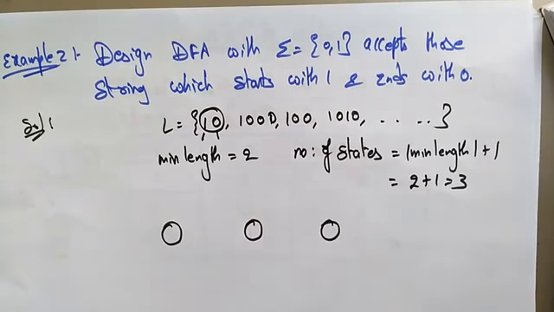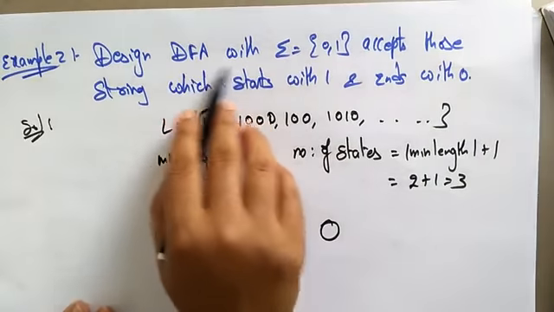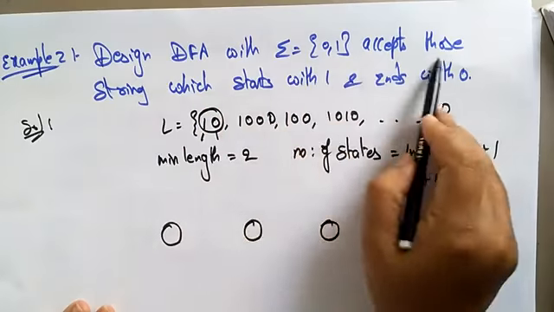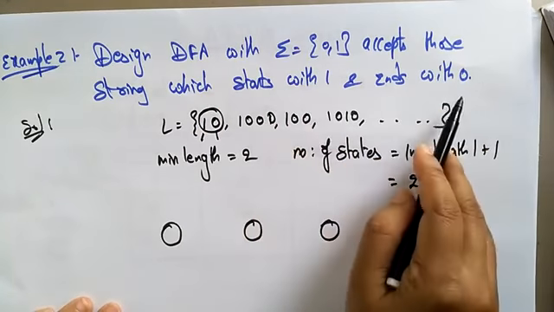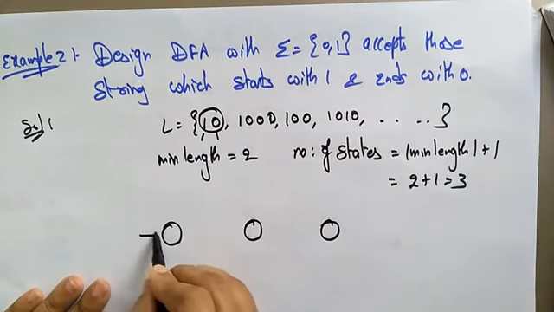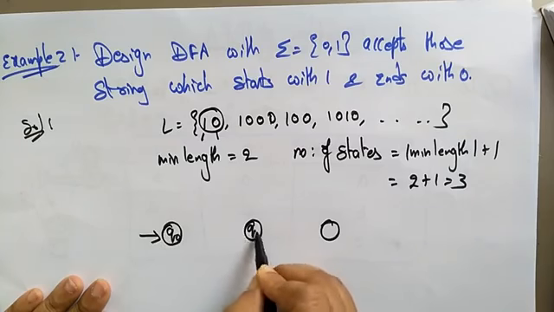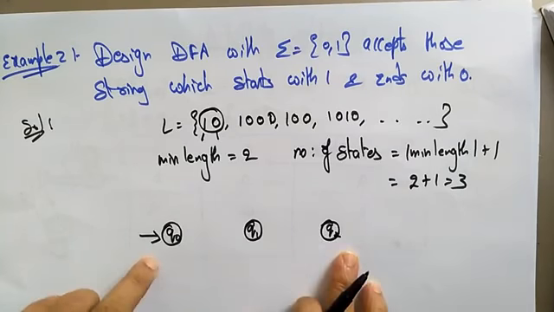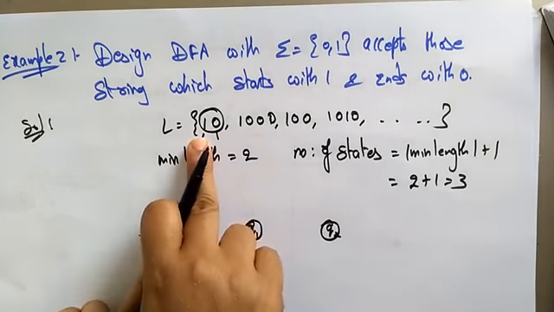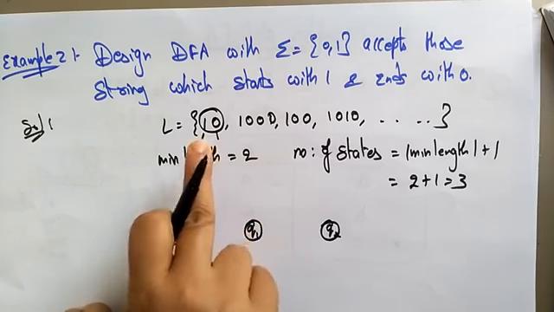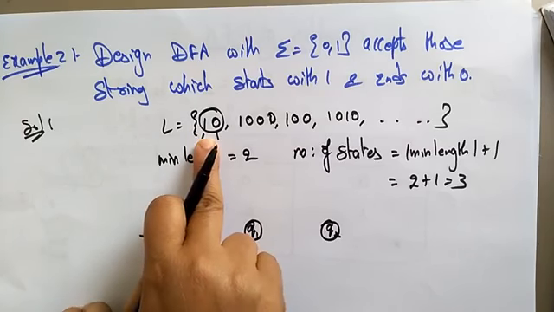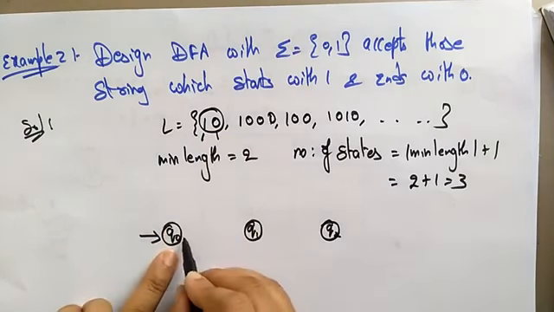Okay. So now I want to construct the DFA, a deterministic finite automaton, with these inputs, and the string starts with 1 and ends with 0. So here this is the initial state. Let's take Q0, Q1 and Q2. So 3 states I have taken. Let's take the first minimum string, which starts with 1 and ends with 0. Starts with 1.